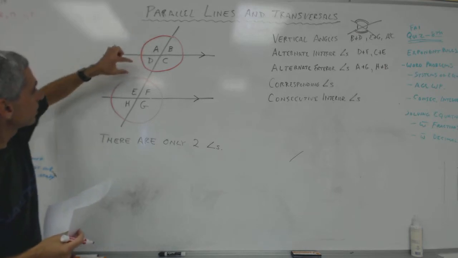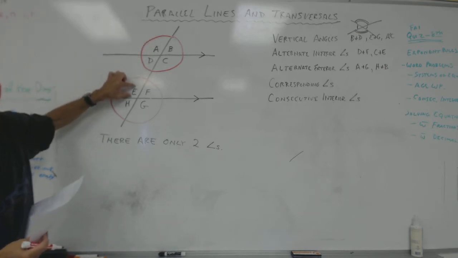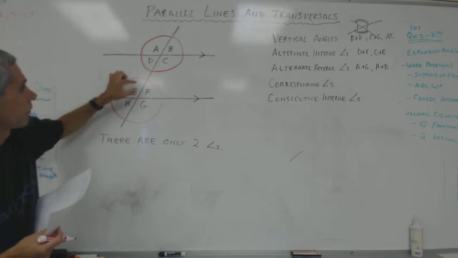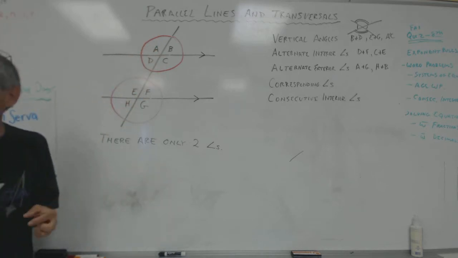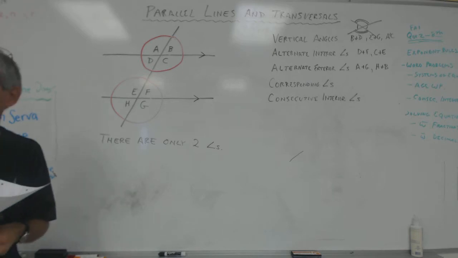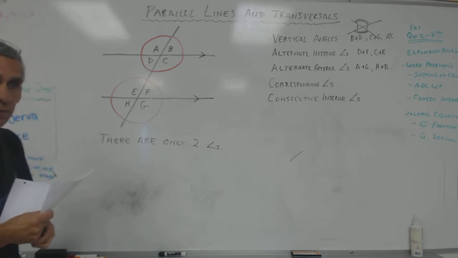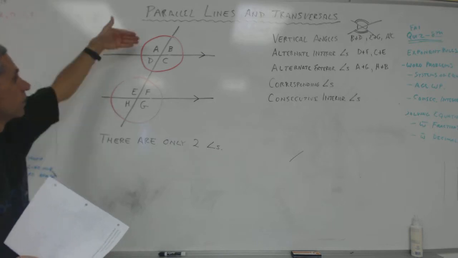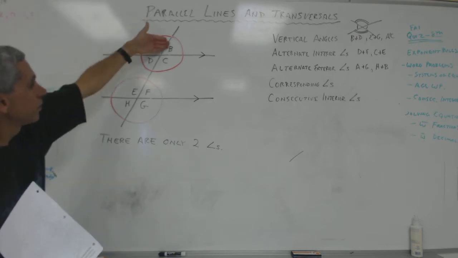So this, top left, top right, bottom left, bottom right. They're corresponding angles. They correspond exactly the same because they have the exact same value, and they're together, right? That makes sense? So A, E, B, F.